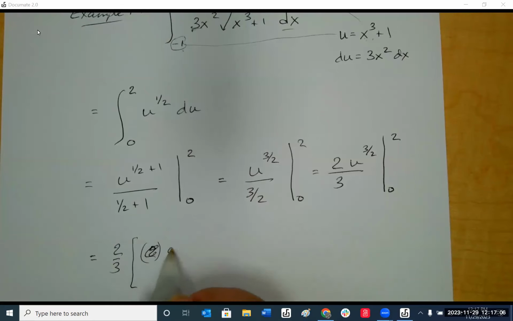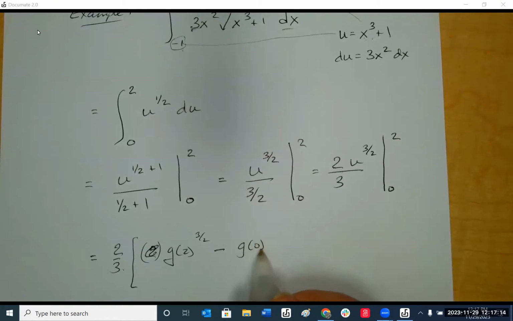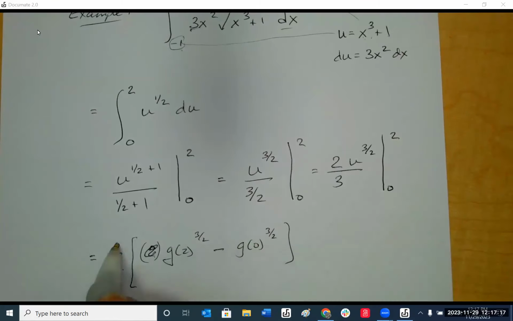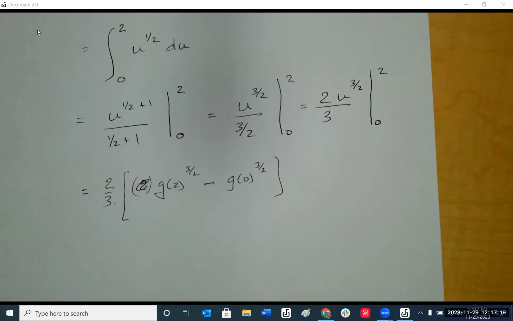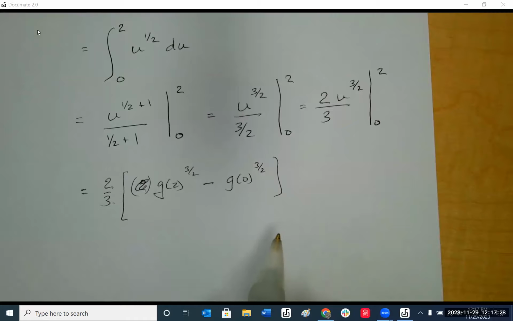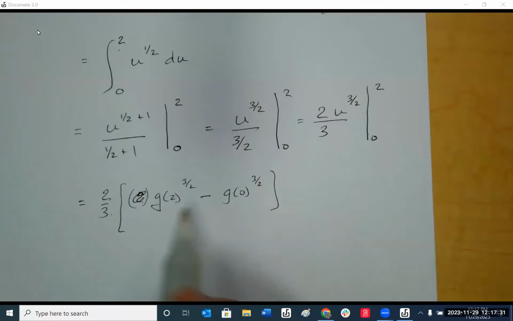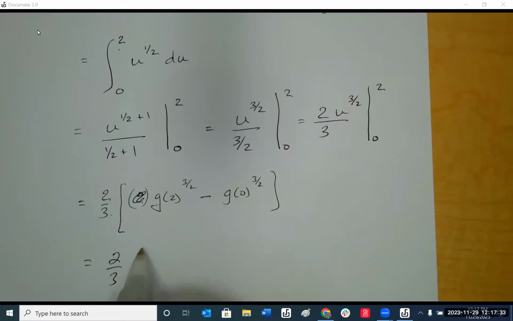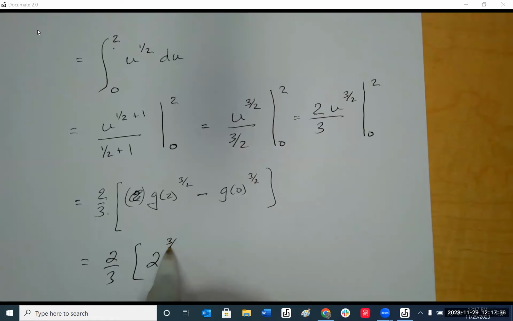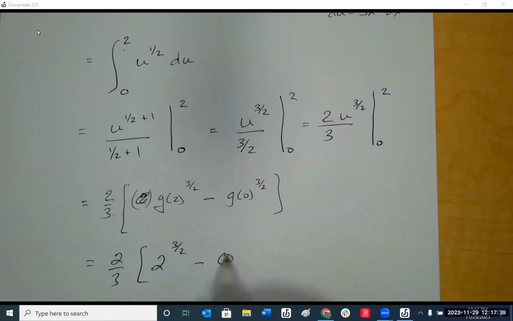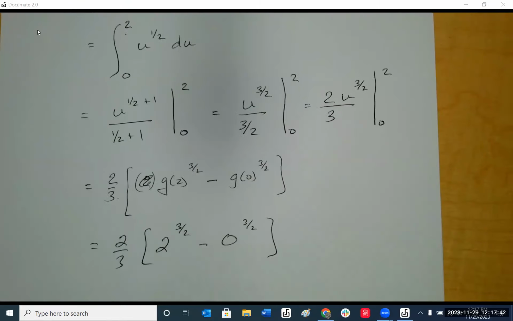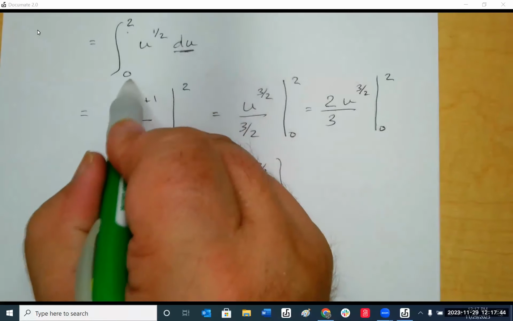So this is 2 to the power 3/2 over 3, minus 0 to the power 3/2, because the 2/3 has already gone out in front. Since this is u, it's 2 to the 3/2 minus 0 to the 3/2, because we're integrating with u, and these are the bounds.